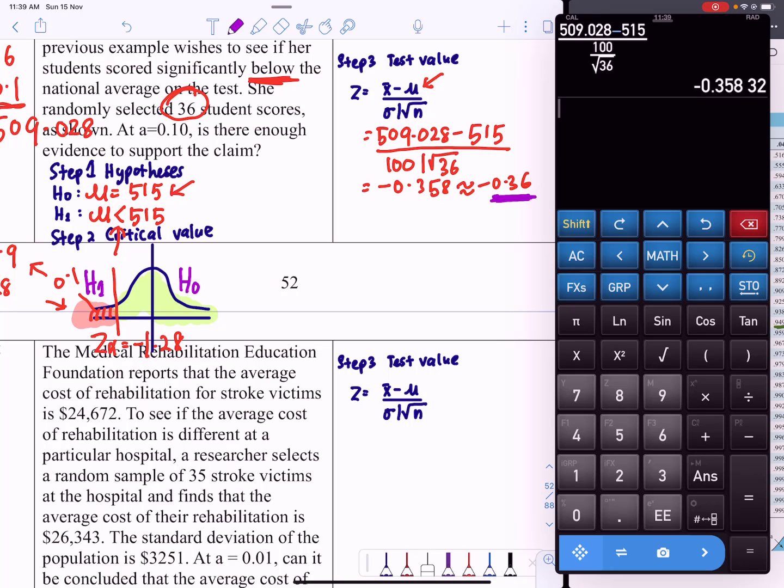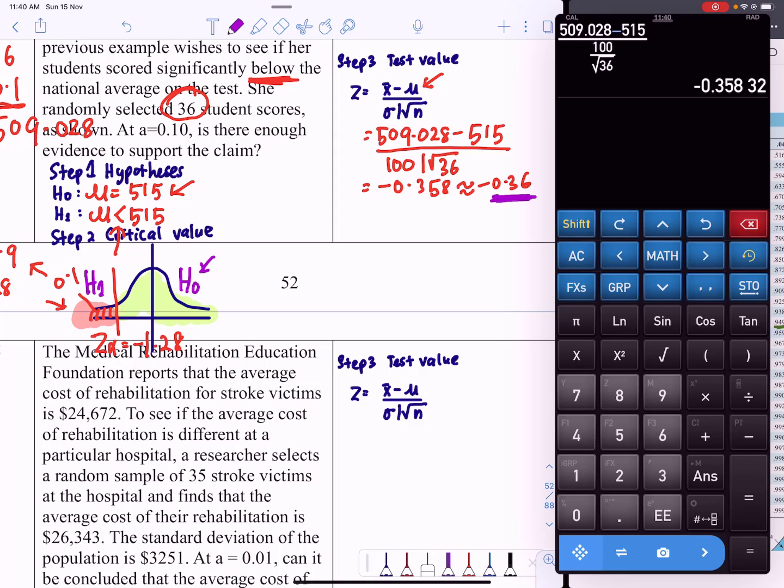If the test value is located at H1, we reject the null hypothesis. That means from the new data of 36, the mean falls on the alternate hypothesis.